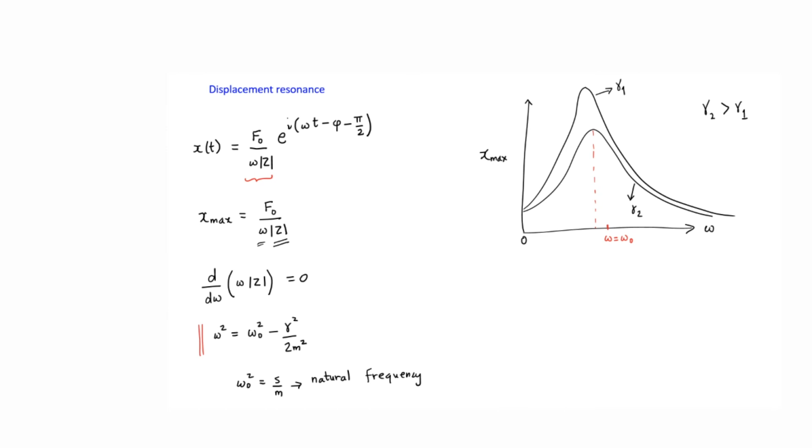The amplitude would be largest at a value of driving frequency which is slightly lesser than the natural frequency of the system. This would be called displacement resonance, or simply resonance.